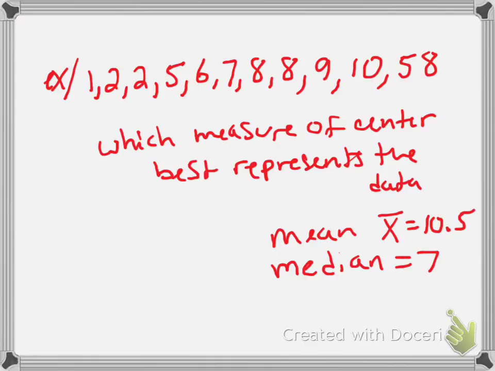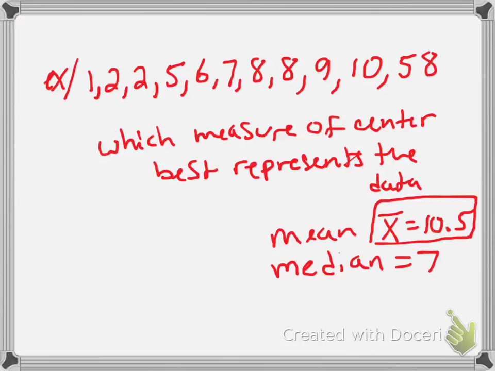And the question wants to know which one best represents my data. Well, since I kept that outlier of 58 in there, my mean is 10.5. Remember, the mean is supposed to be the average of your data, and that mean is bigger than all but one of my data values.